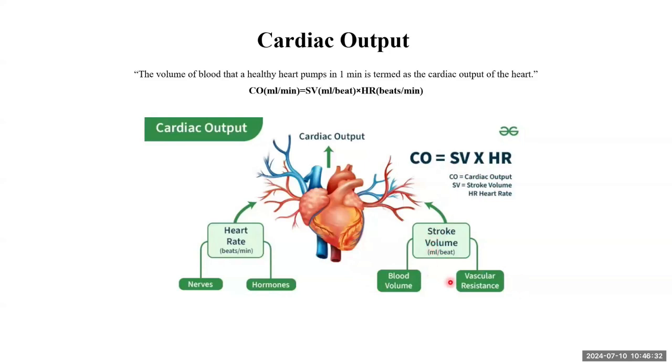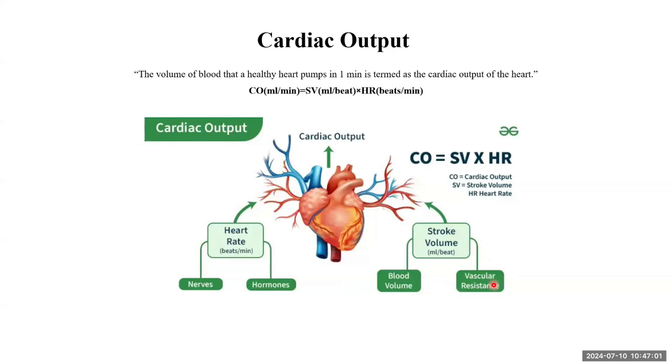The next one is vascular resistance. Vascular resistance means the amount of arteries that get triggered in response to the blood pressure if there is any disease. So if the vascular resistance is less, they have wide bores, which means the arteries have wide bores, which leads to the low stroke volume because blood is widely distributed through the wide bores.